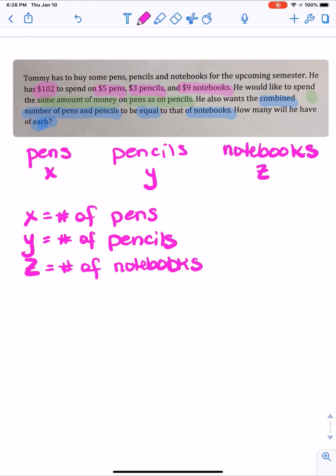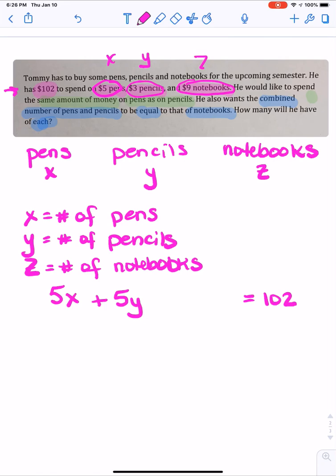Okay, now if I look at my first sentence, it says the total he spends is 102. Each of the pens is $5. So when you see this part, that means X has got to go with it. So it's going to be 5X. The pencils are $3, so the 3 is going to go with the variable Y, which stands for pencils.